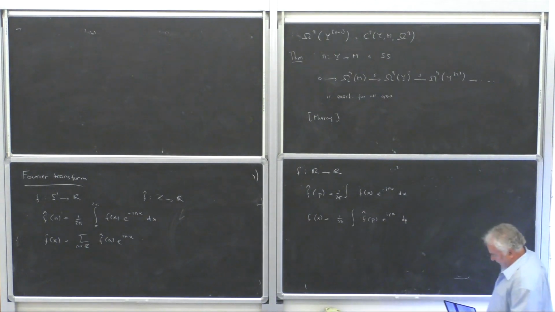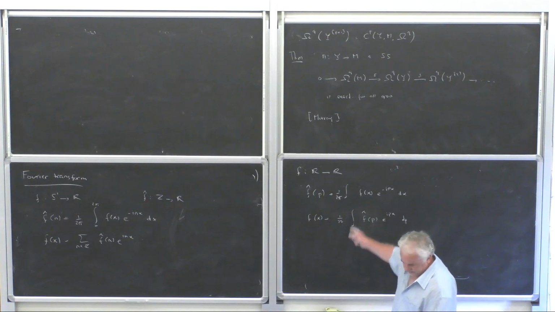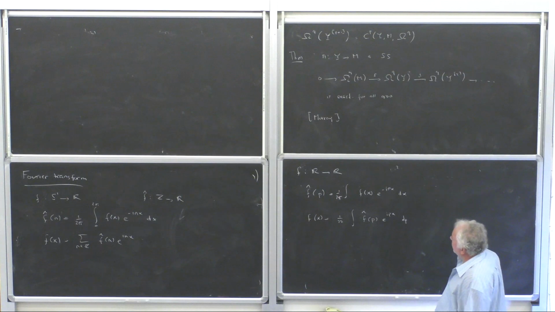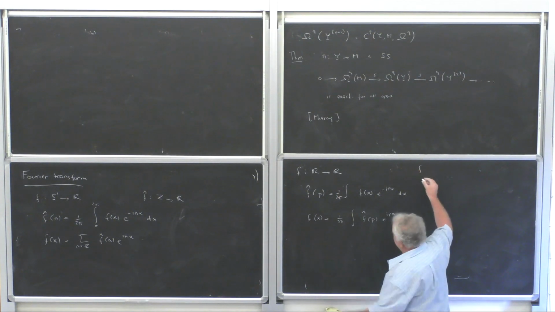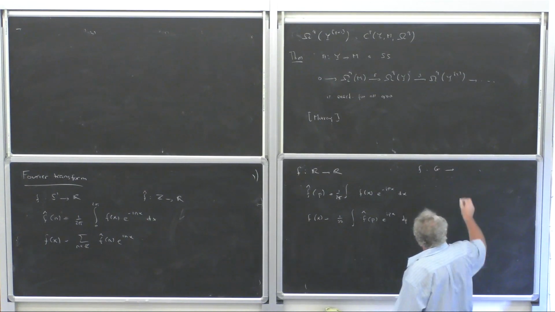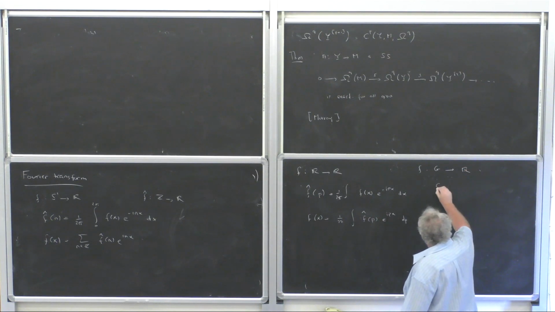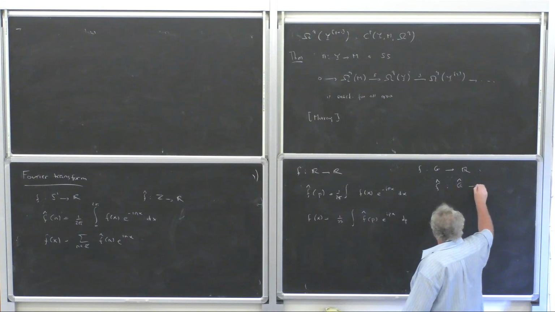Something like this. And this can be generalized to, in particular, locally compact abelian groups. And in all cases, if f is a function on a locally compact abelian group, such as R or Z, then f hat is a function on what is called the Pontryagin dual group.